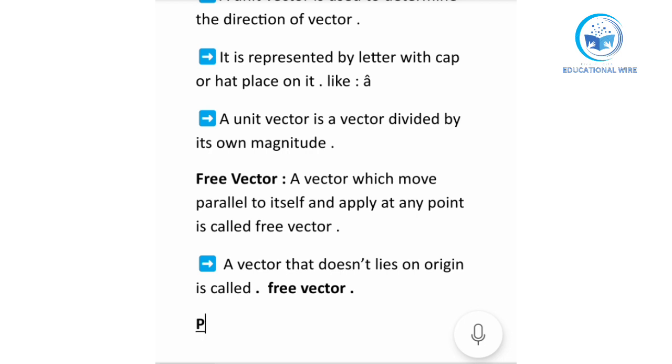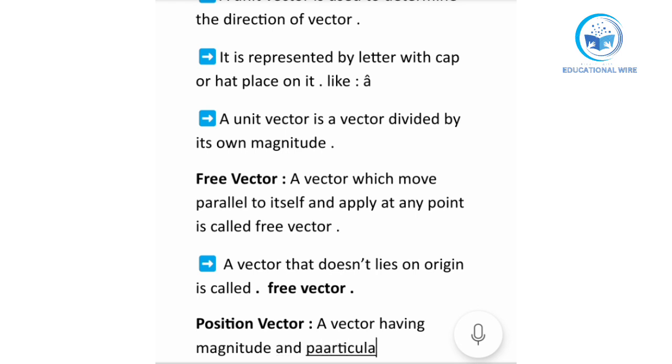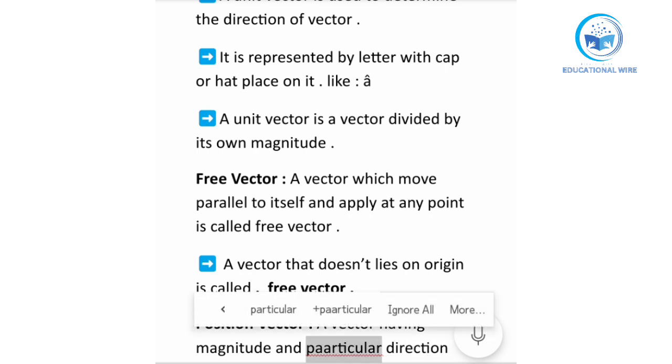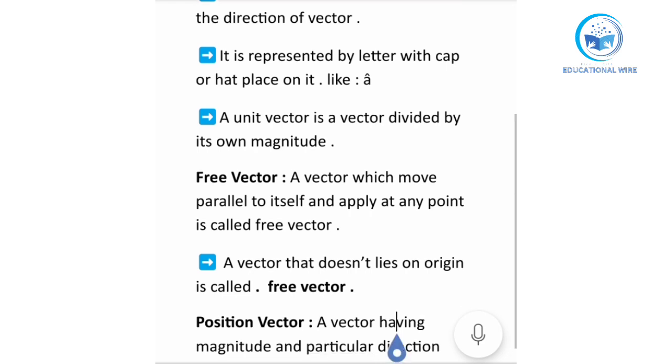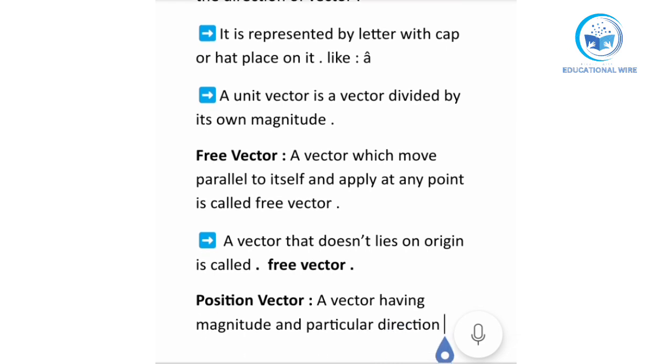Now let's move forward with the position vector. A position vector is a vector having magnitude and a particular direction.